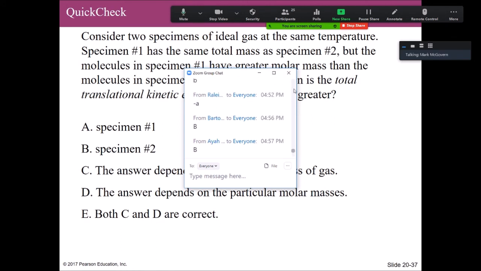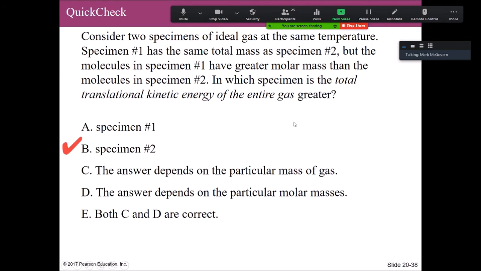The answer is B. What's going on here? Same mass, but specimen 1 has a greater molar mass. So that means you don't have as many molecules there, you don't have as many moles. Specimen 2 has more moles. So same mass, has more moles, and the total kinetic energy is a function of the number of moles and the temperature.